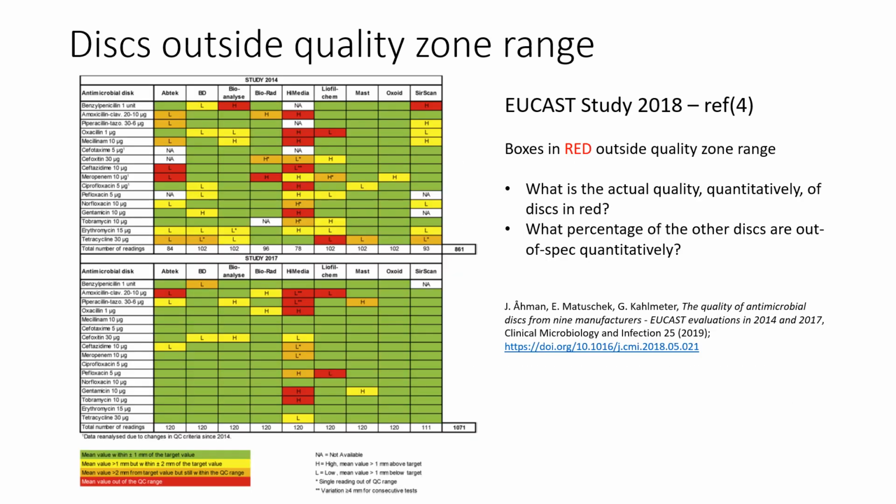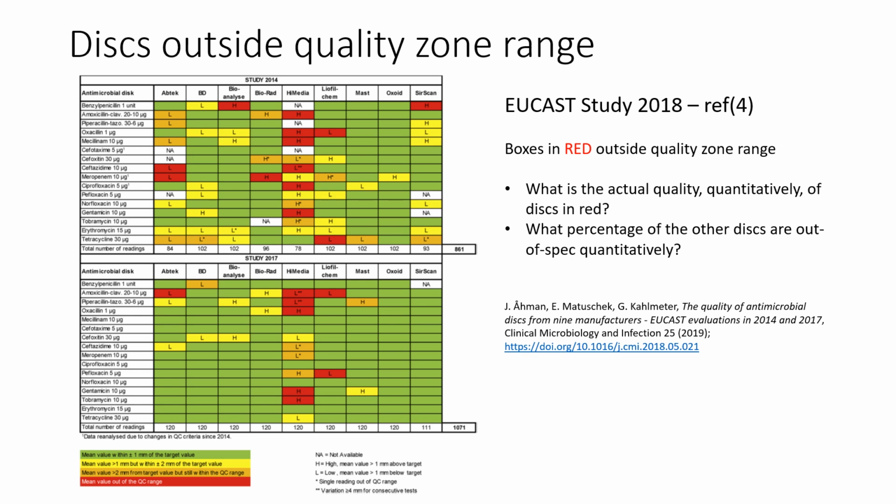This is a table published by UCAST, and it compares different manufacturers and various discs from 2014 and 2017. Now, it's a very busy slide, and I'm sorry for that, but you don't need to look at this in detail. What you can see is that there are a number of batches, discs, that are out of spec.